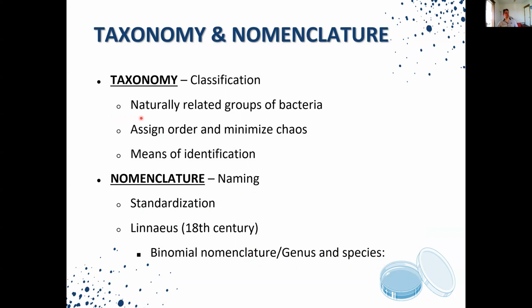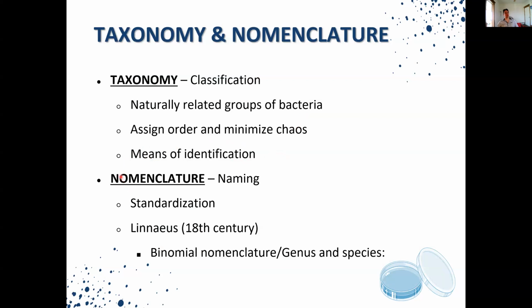So this would get you to naturally related groups of bacteria. You can assign order to minimize the chaos. We group these organisms together for our own understanding and to improve our conceptual understanding of where these organisms came from and which organisms are more closely related to which other ones. It's also a means of identification.